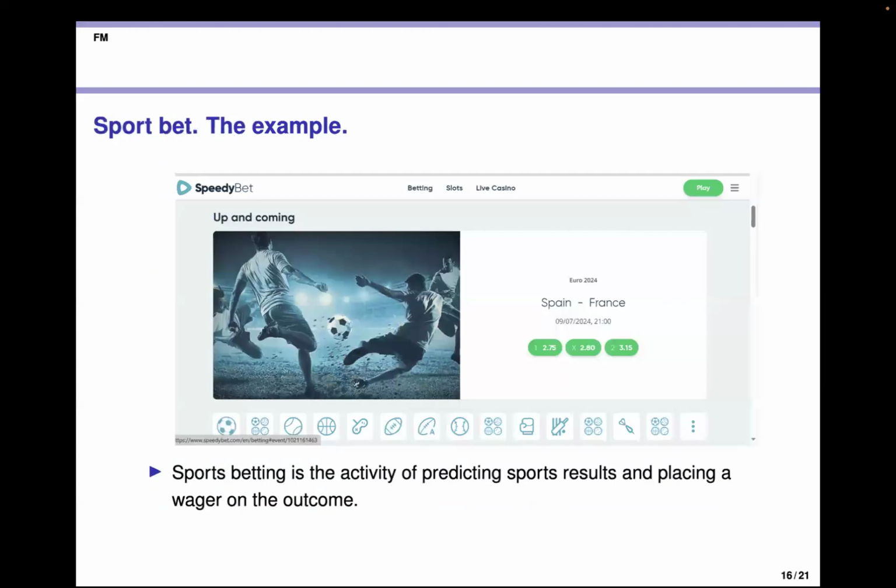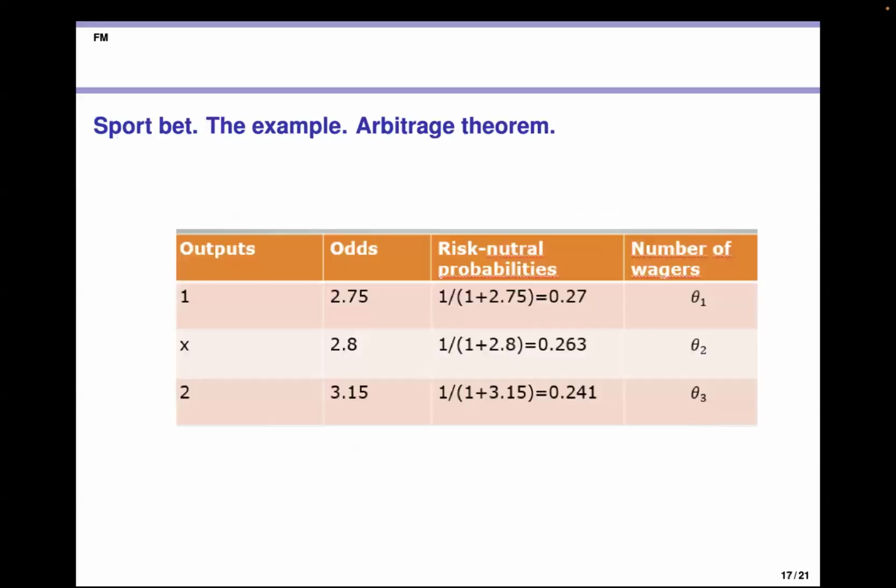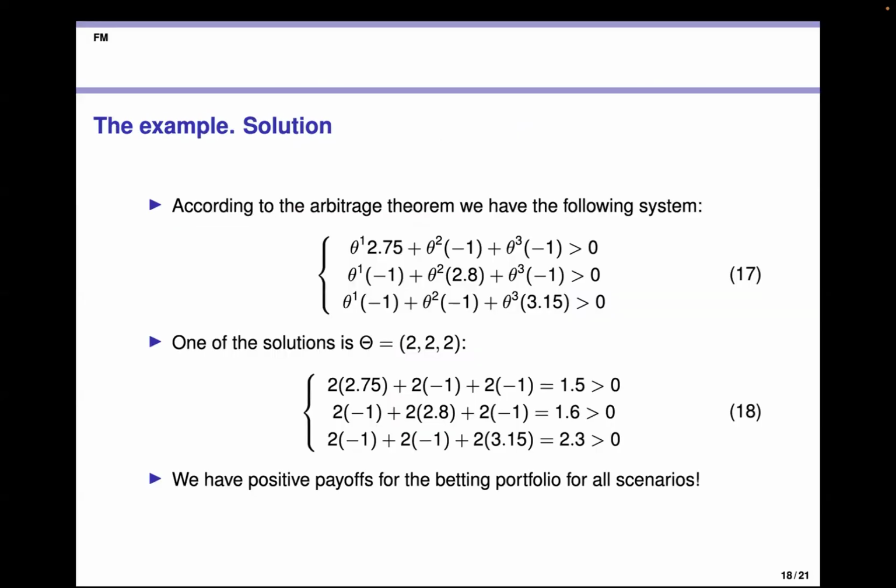In our example, you see that this vector isn't a probability vector. So there is a betting scheme where we have wealth more than zero for every scenario.